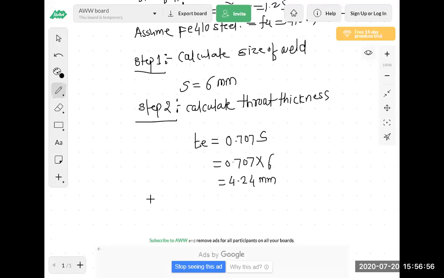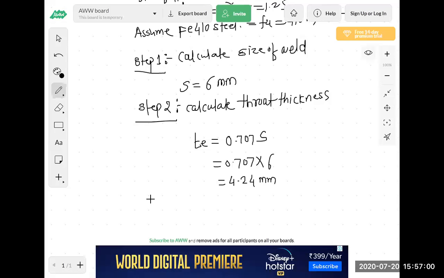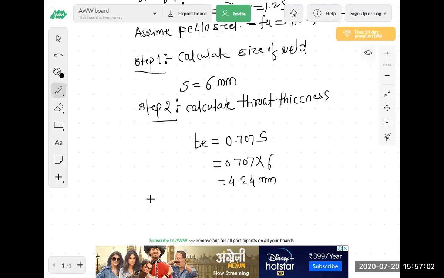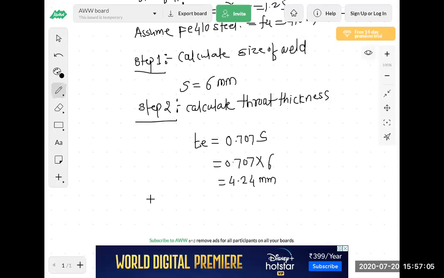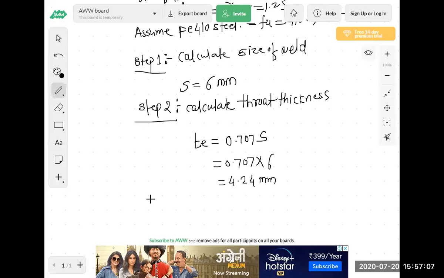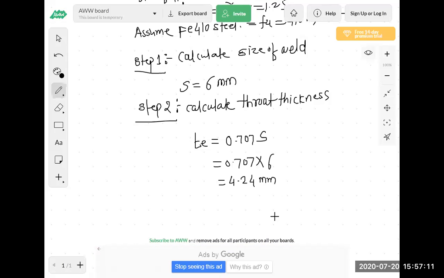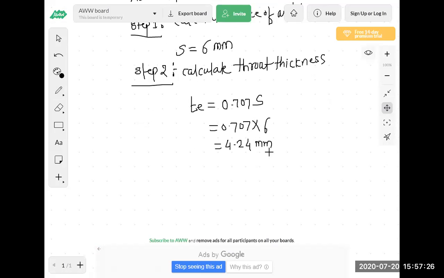Whatever you have solved correctly, you will get the marks. First you selected the size of weld, then in step number 2 you calculated the throat thickness. Even if the next step is wrong, if you calculate step number 3 wrong, you will still get the marks up to step 2. So you have to follow the procedure properly.